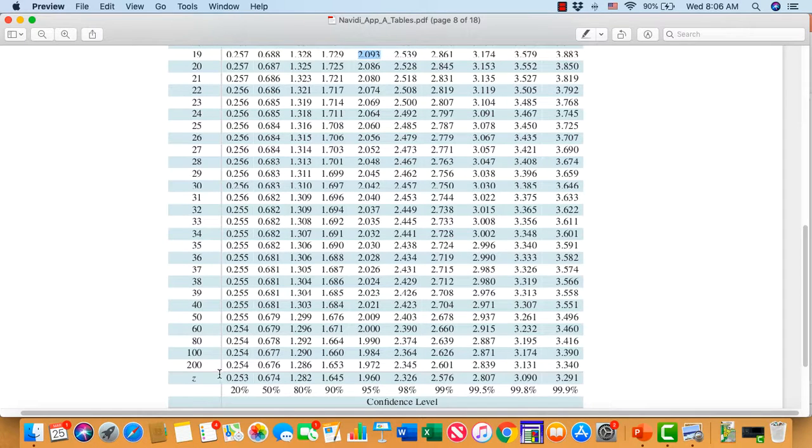Now, if you come down to the bottom of the table, you see your percentages, and then directly above your percentages, there's a row that's labeled Z, right? What this is saying is that once your degrees of freedom gets more than 200, that basically means your sample size is now sufficiently large that you can just revert back to using the numbers from the standard normal curve for your critical values.